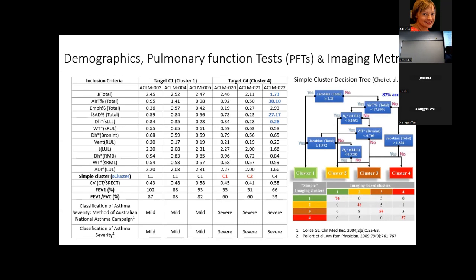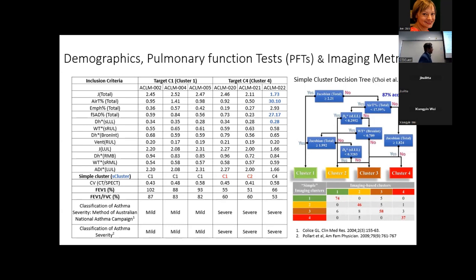But then for severe asthma, only subject 22 has very severe small airway disease. Okay. But then the other two severe asthma subjects do not belong to cluster 4. Here simple cluster means I use a simple cluster decision tree to classify these subjects.